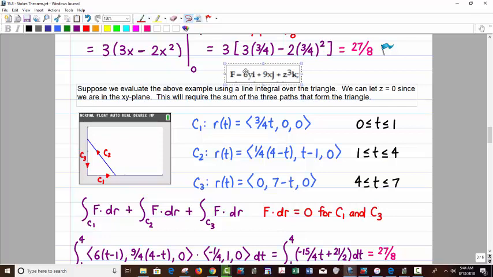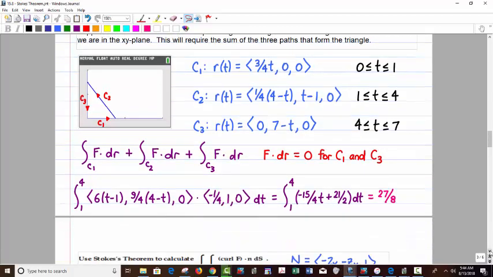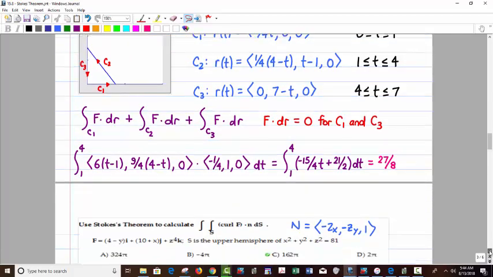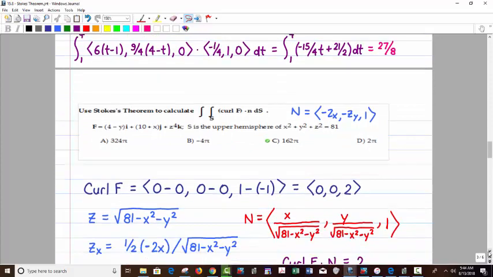So I just wanted to show you that we've seen Green's theorem to evaluate a line integral, and now we're using Stokes theorem. So let's see what's happening here.